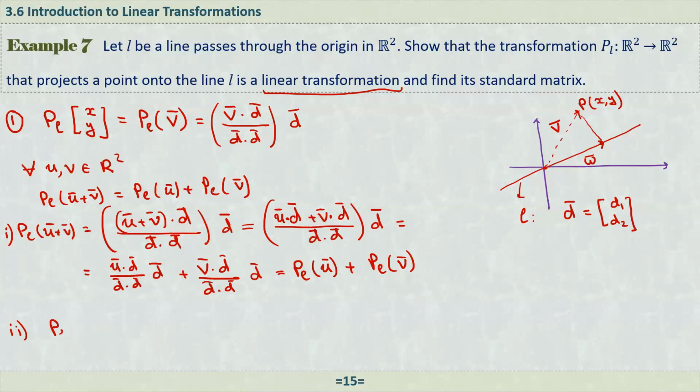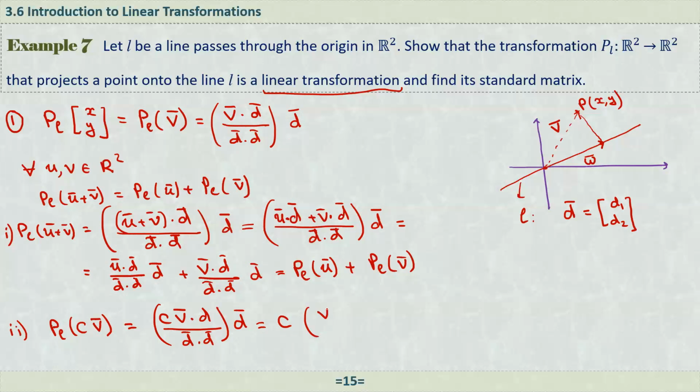So that is PL. Let's say our scalar is C, and we multiply by V. Again, just substitute: instead of V, we now have C times V. If you substitute here, we have (C V) dot D over D dot D, times vector D. Since C is a scalar, I can just take it out, because all of these are scalars.